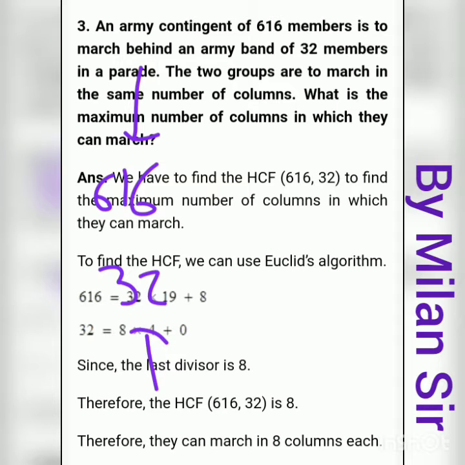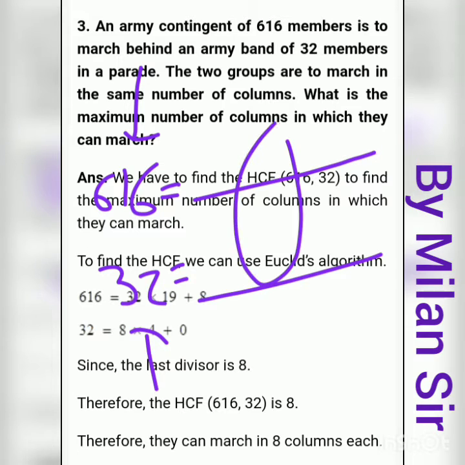So if we take the number of columns equal to a factor, then we can arrange it properly. But here we want to arrange both groups together, right? So just find the factors of 32 and 616, and we want a common factor. Why common factor? Because if we take a common factor, then both numbers are divisible by that common factor, so we can arrange it properly, right?